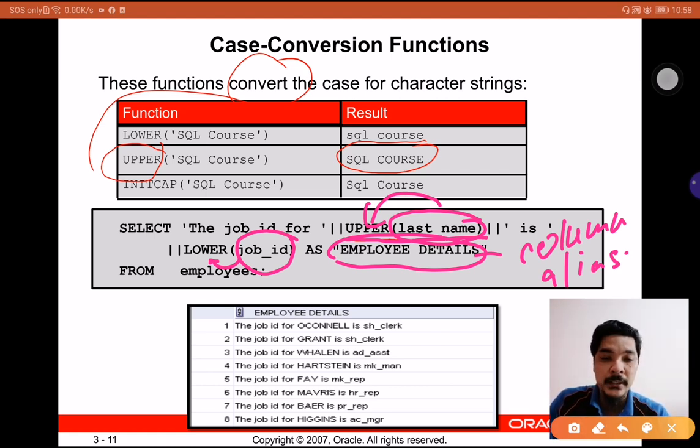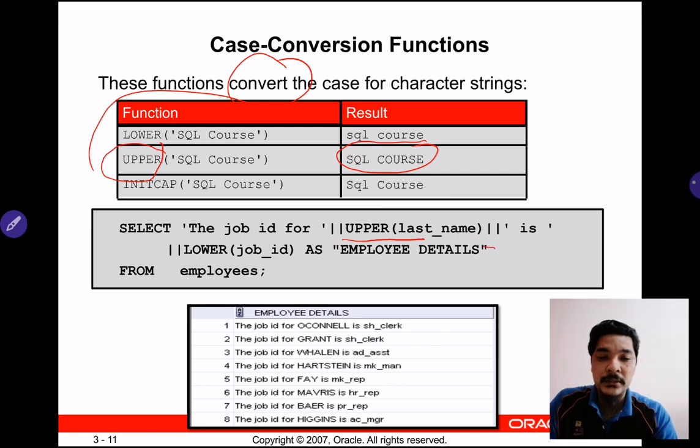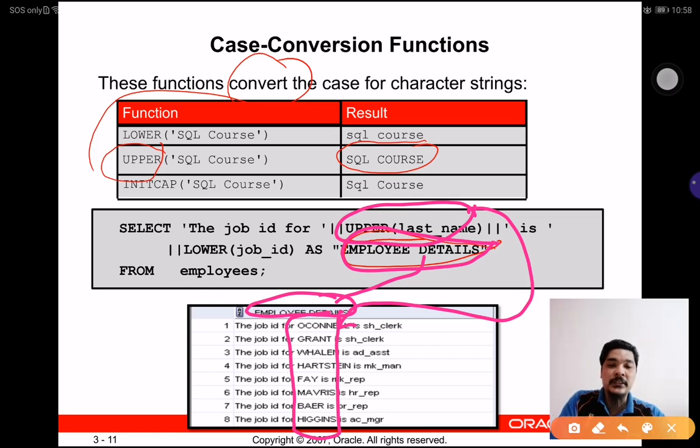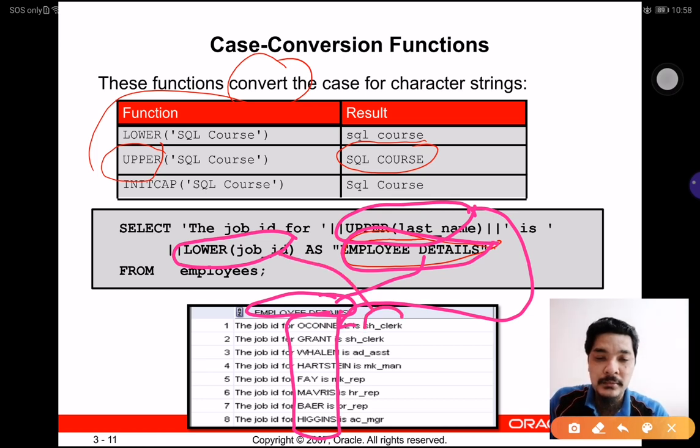Okay, so if we look into these details, this is the column alias. Last name is here. All the last names will be converted into uppercase, because we are going to use upper for the last name, and job ID is here.